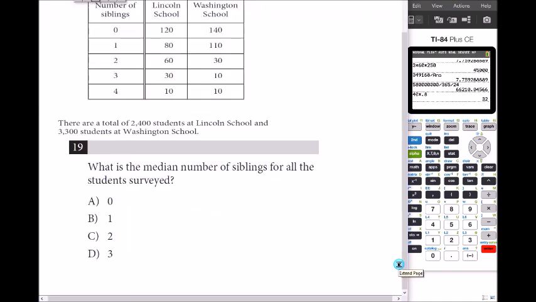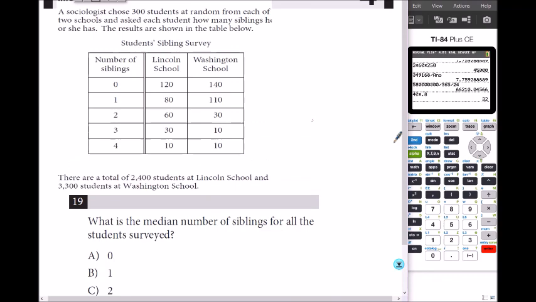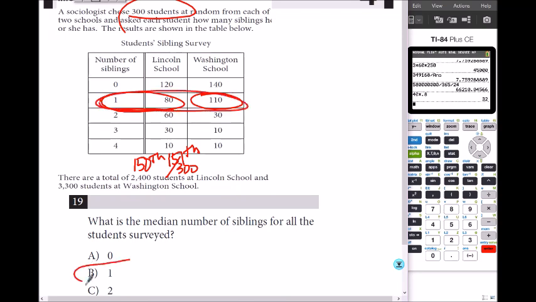If they surveyed 300 total, these add up to 300, so the median will be around the 150th and 151st, right? Here's the first 120, and here's up to 200, so it has to be at 1. And here, again, 140 is not quite at the median, so it's the second one, which covers up to 250 from 150. So here's the median, the middle number, which is 1.